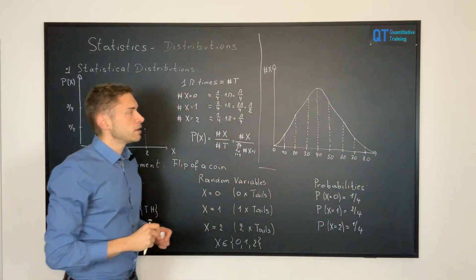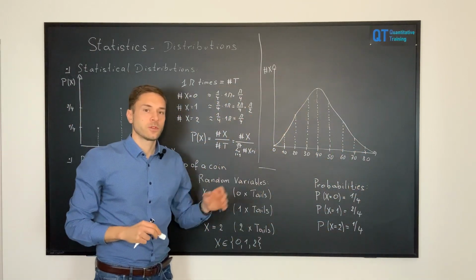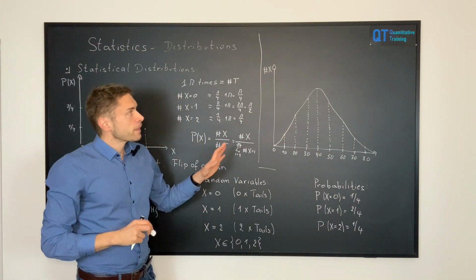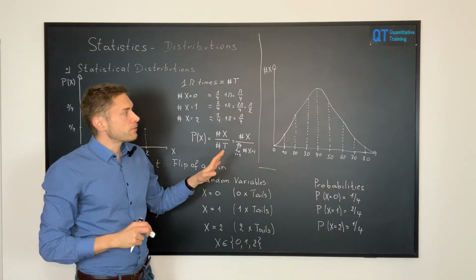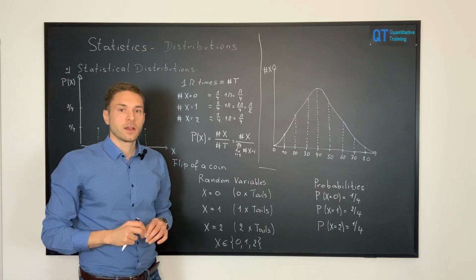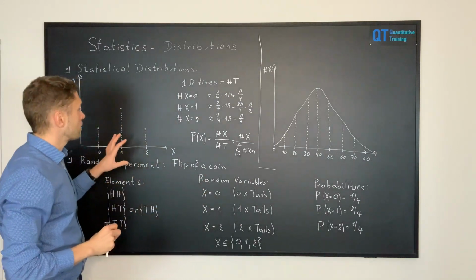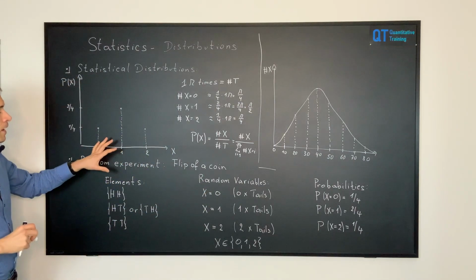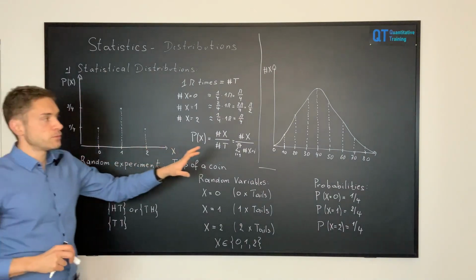And this is the typical bell-shaped form of a continuous distribution. So with this, we see that we have two kinds of distributions. We have discrete distributions, and we can also have continuous distributions.